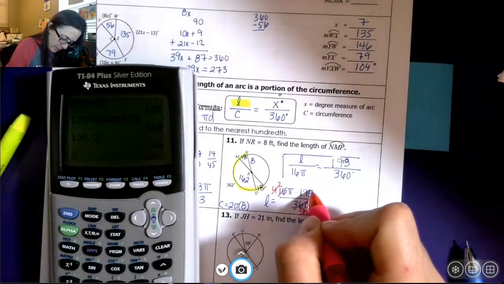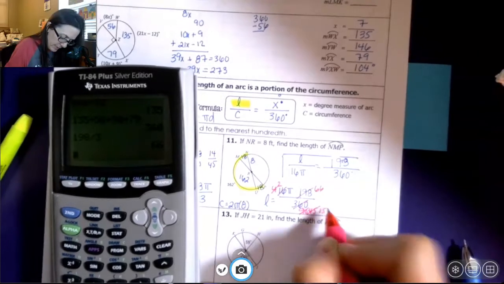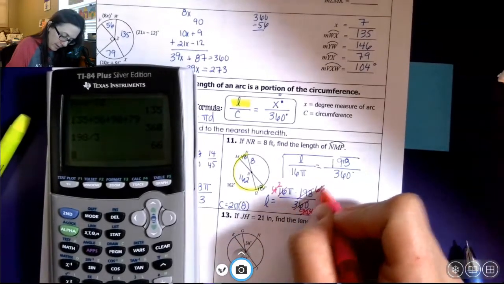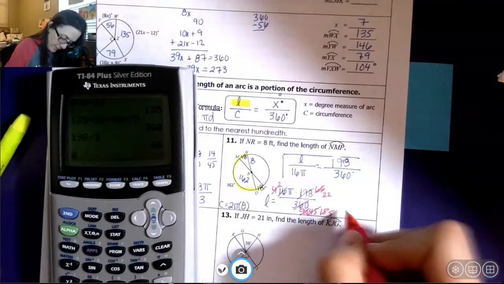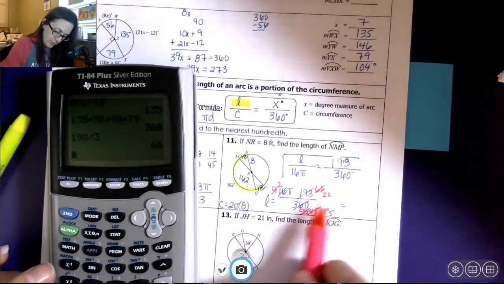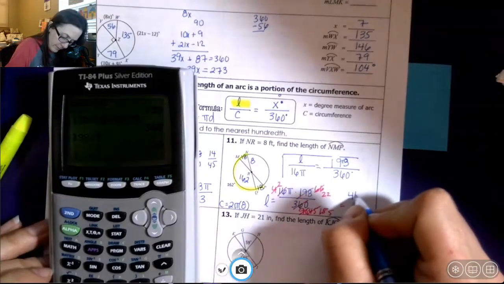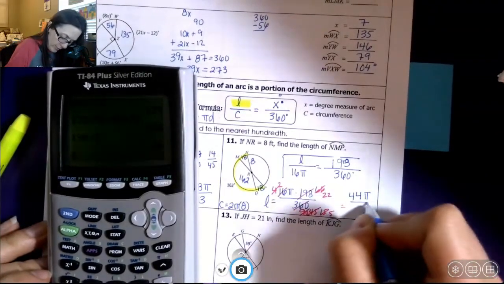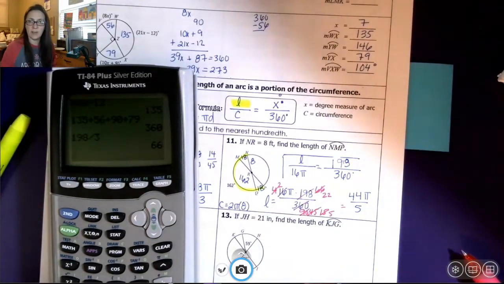I could divide this by 3 and get 66 over 15. I could divide by 3 again. I can get 22 over 5. I end up with 2 and 22. I get 44 pi over 5. So again, I just simplify as much as you can.